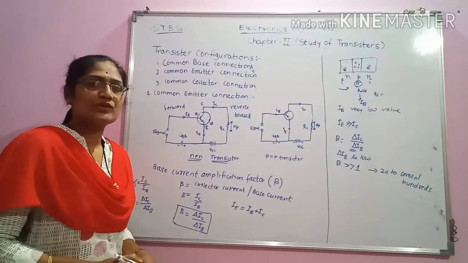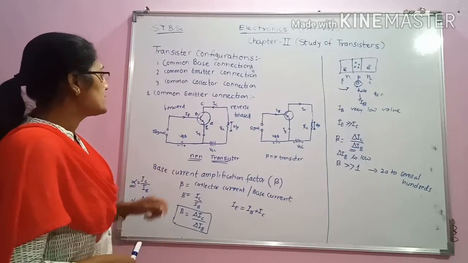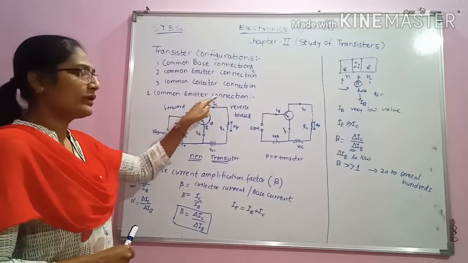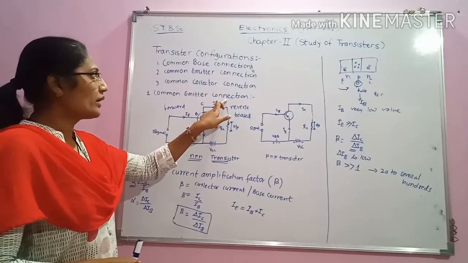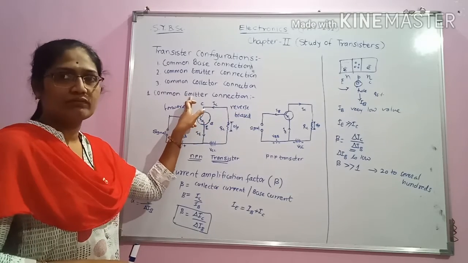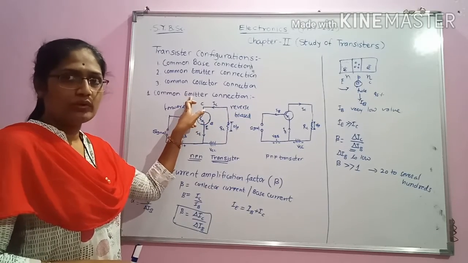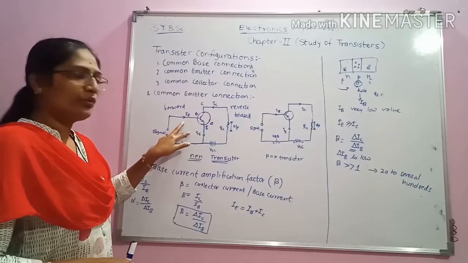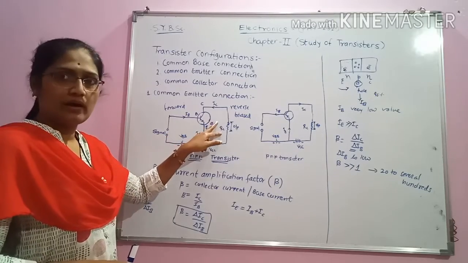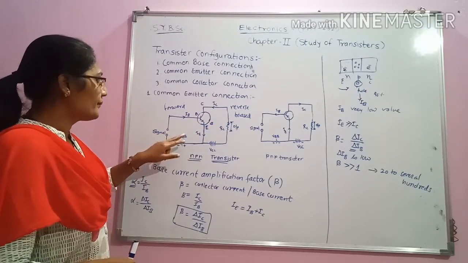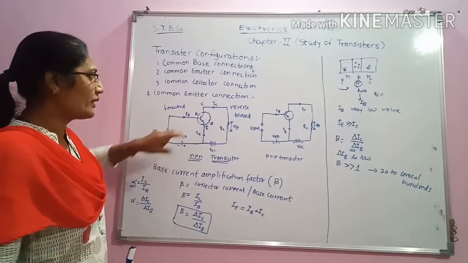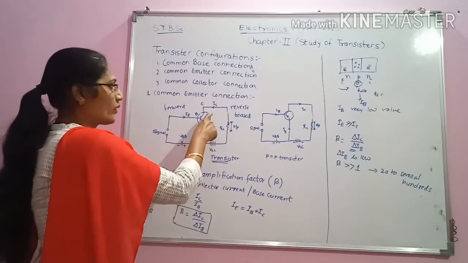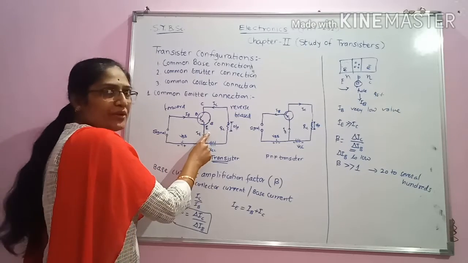So let's revise today's point, that is, what is the common emitter connection. In a common emitter connection, we make the emitter of the transistor common between the input circuit and the output circuit. Input is applied between base and emitter, and output is taken across collector and emitter.